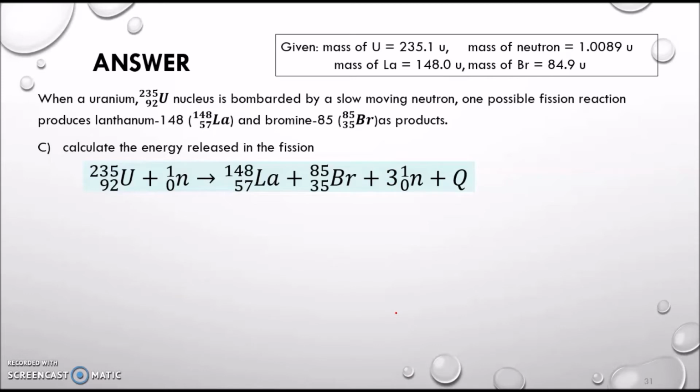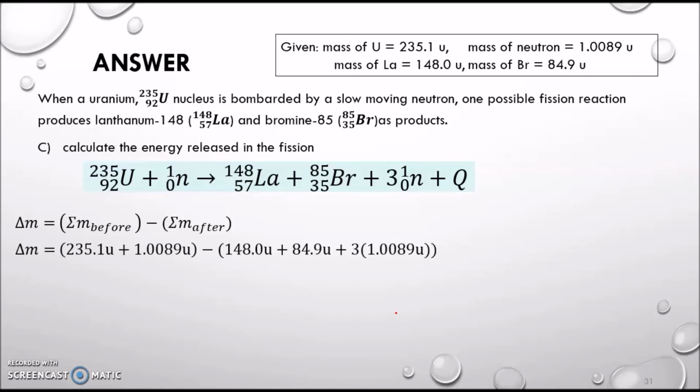Question C, to find the energy released, we need to find the mass defect first. By using this equation, delta M equals the summation of mass before the reaction minus the summation of mass after the reaction. Before the reaction, we have uranium plus the neutron. So this is the mass. For the total mass after, we total up the mass of the lanthanum, bromine plus 3 neutron masses.